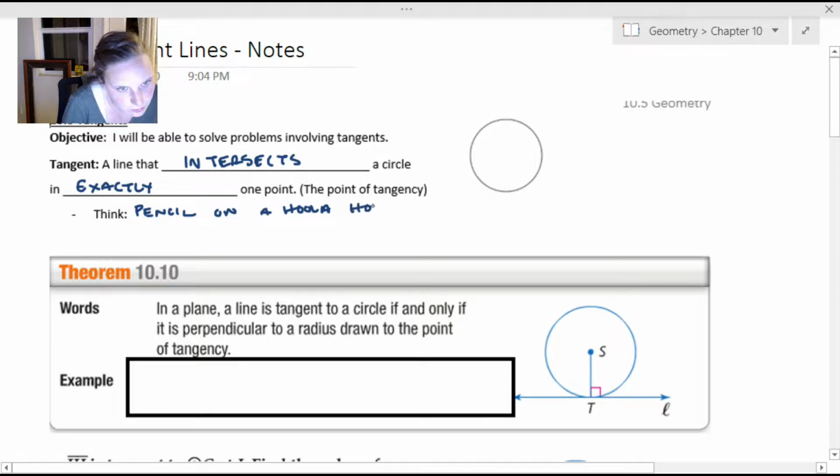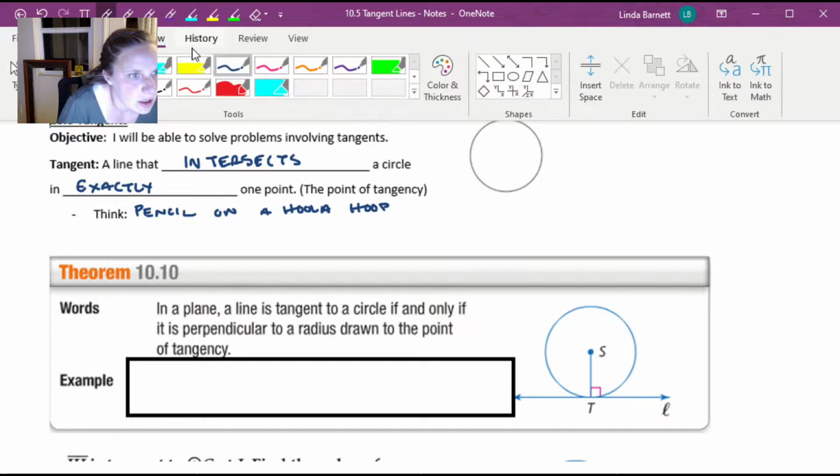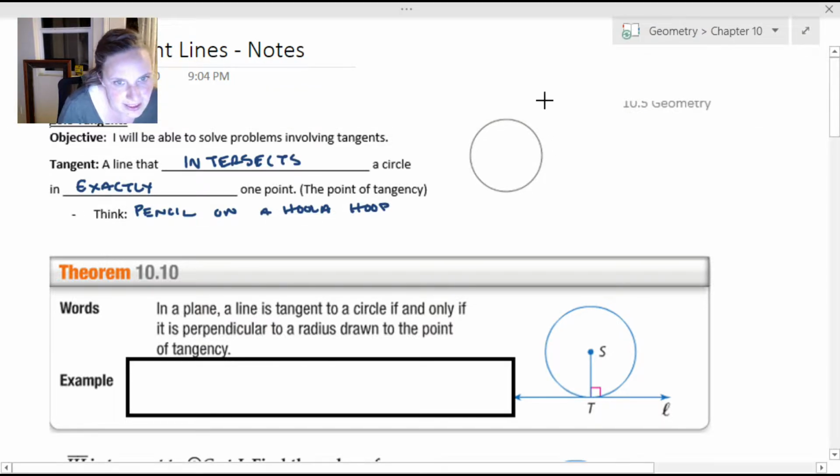It's a line that just skims it. It touches it at exactly one point.